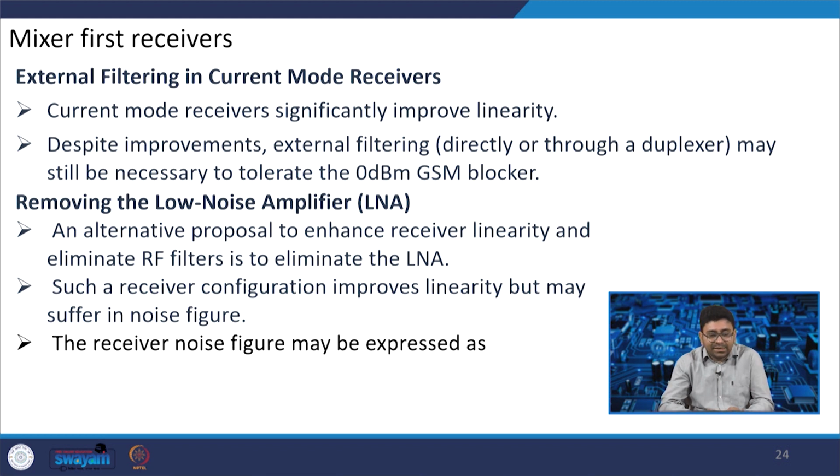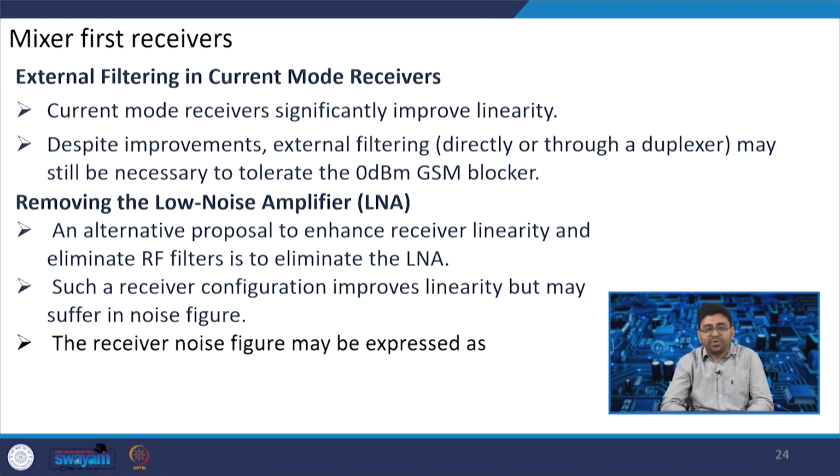Let us discuss external filtering in a current mode receiver. Current mode receivers significantly improve the linearity, but despite the improvement, external filtering, directly or through a duplexer, may still be necessary to tolerate blockers like a 0 dBm blocker. So what we are doing here is removing the low noise amplifier. An alternative proposal to enhance the receiver linearity and eliminate RF filters is to eliminate the LNA.